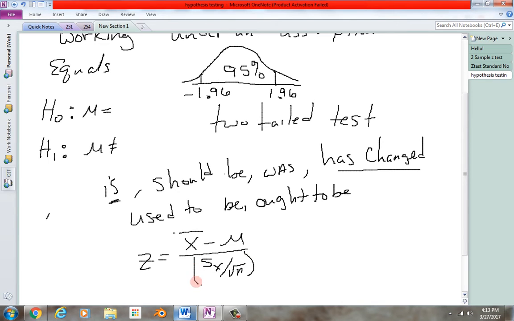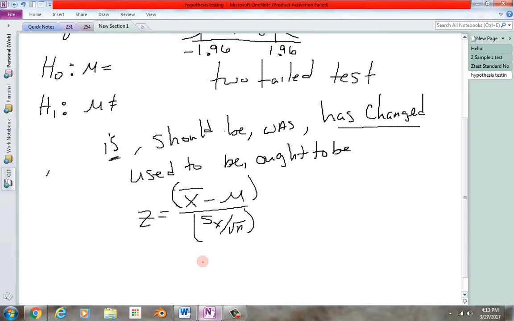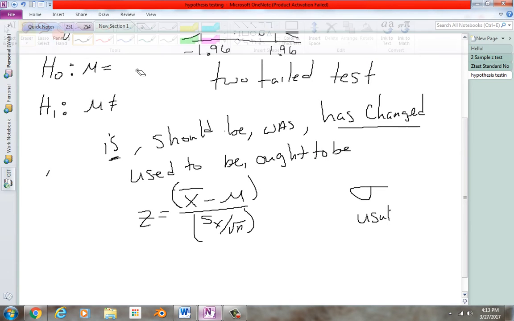I will say that 99.9% of the time, it's going to be Sx, that is the standard deviation of the sample. Now, I make a big deal about that because, listen, in the real world, you almost never know sigma, okay? Sigma is usually unknown. So as a result, 99% of the time, you're going to be using Sx, okay?